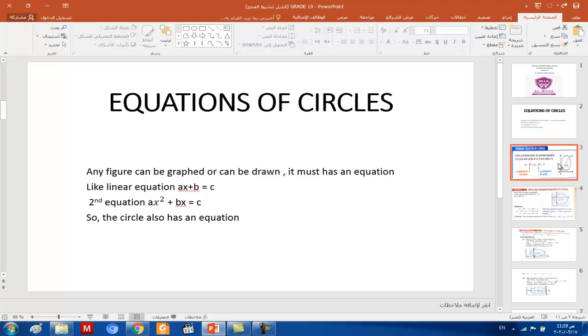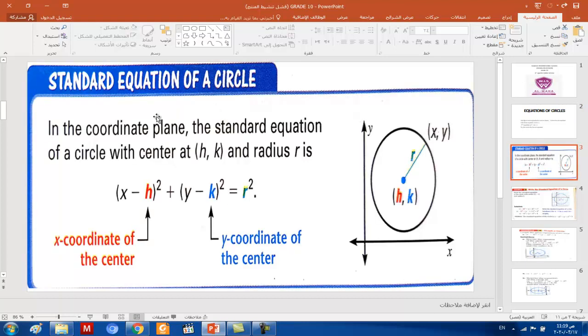So what is the standard equation of a circle? In the coordinate plane, the standard equation of a circle with the center h and k and the radius r. Before you know anything about the equation of a circle, you must have two things. The first one is the center of the circle. The center is an ordered pair of x and y.